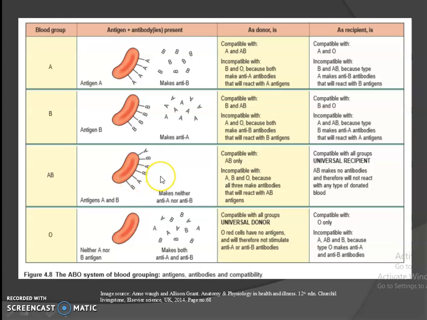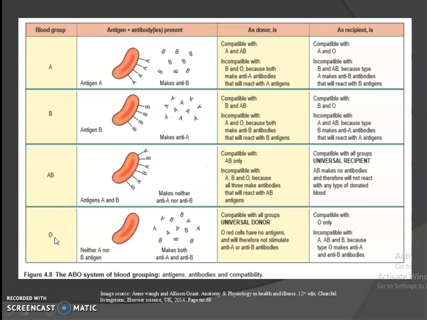Here you can see both A and B antigens are present on red blood corpuscles, but the immune system of the AB blood group does not produce anti-A antibodies or anti-B antibodies.